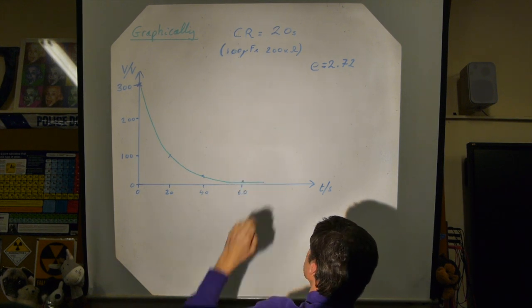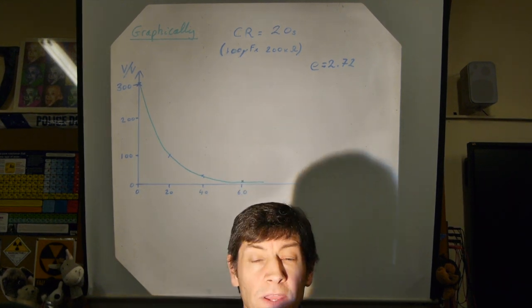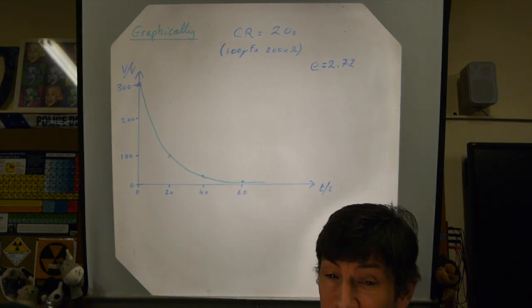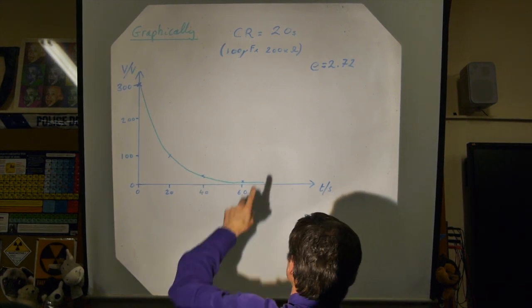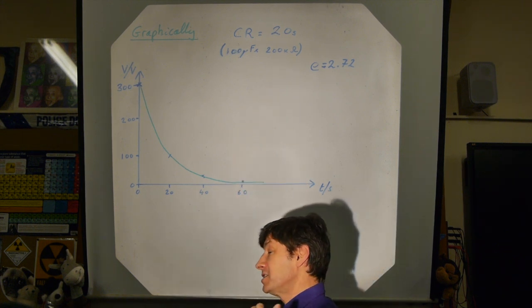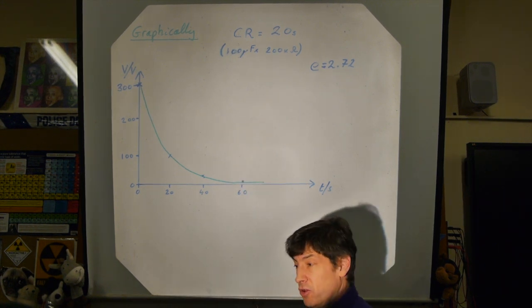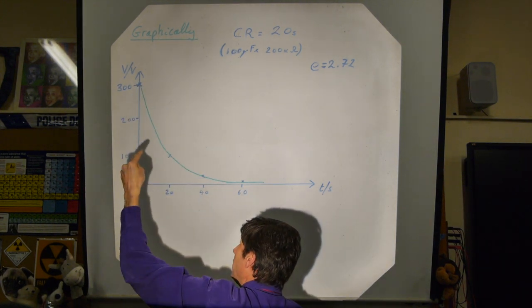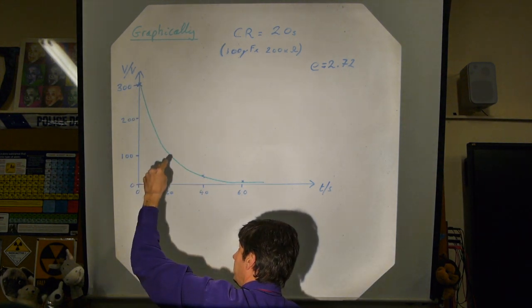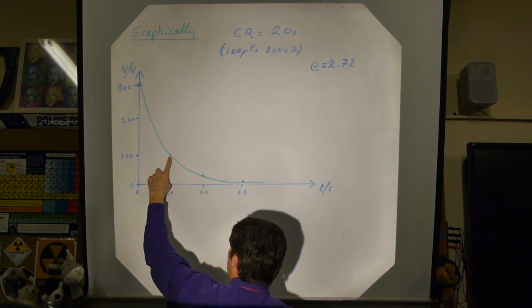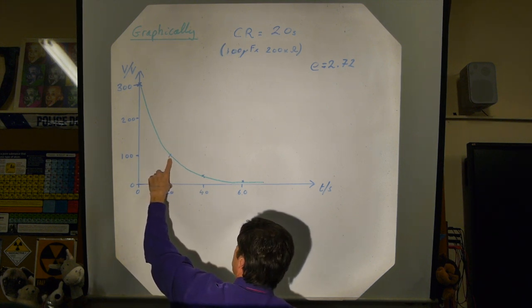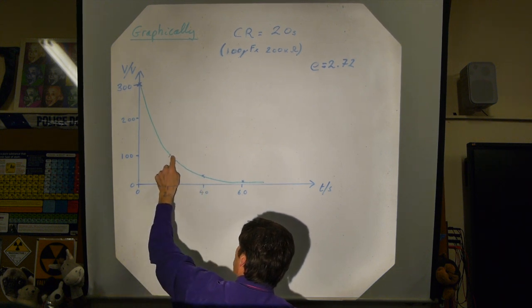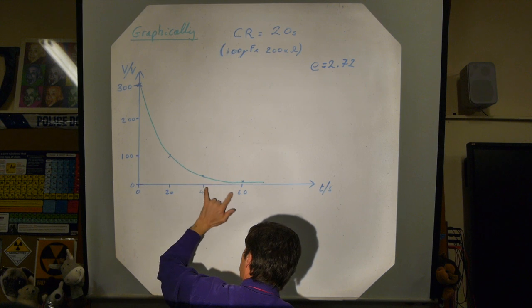CR means something. So listen to me carefully because I find this difficult to explain. CR, 20 seconds in this case, is the time taken for whatever you're measuring, voltage, to drop to 1/e of its value. CR is the time taken for whatever you're measuring to drop to 1/e of its value.